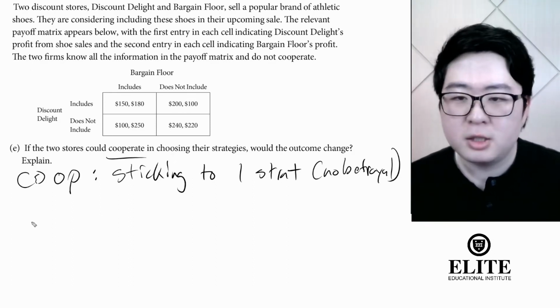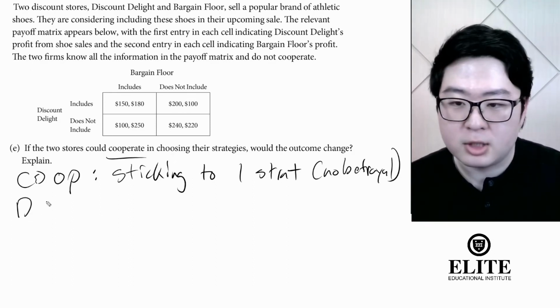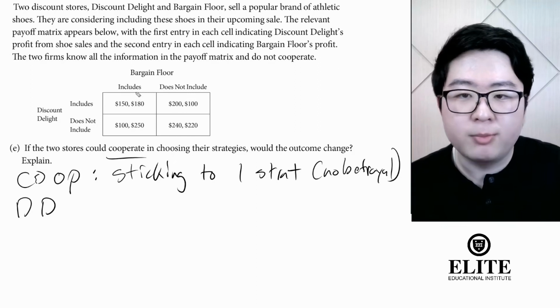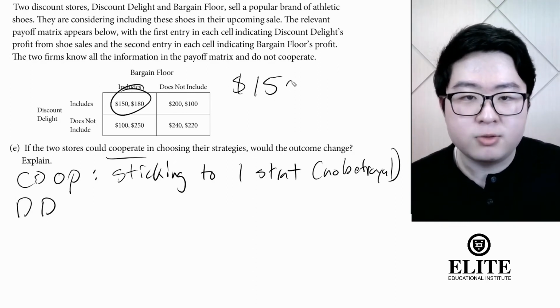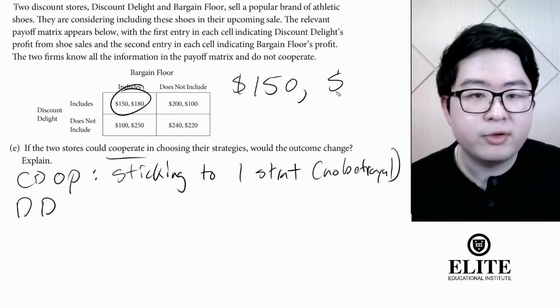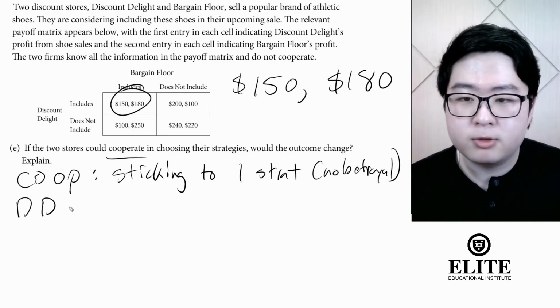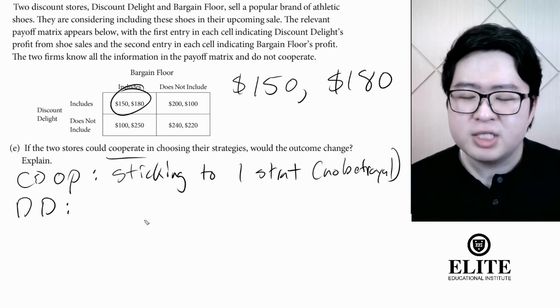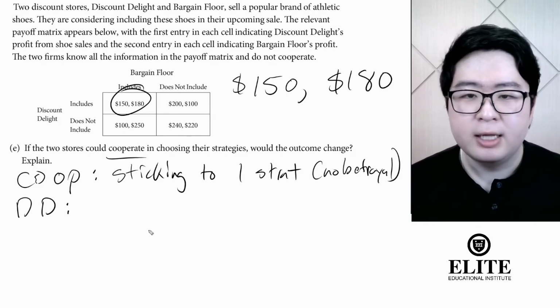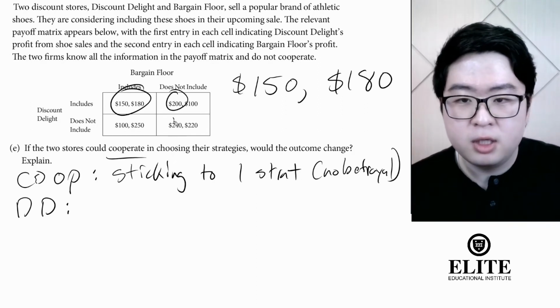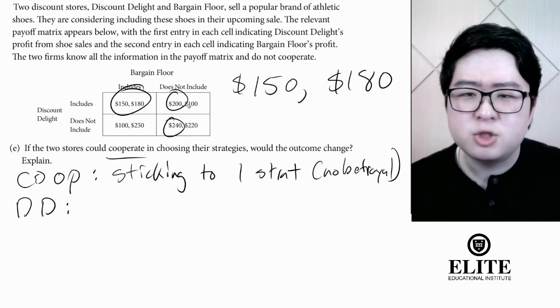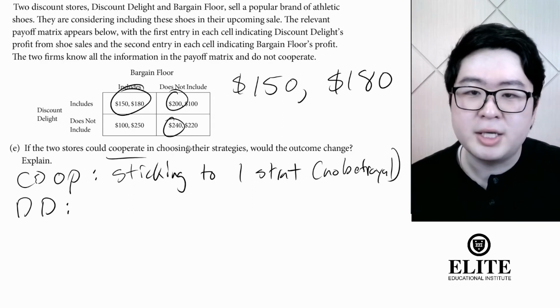So let's take a look here at Discount Delight first. Remember, our Nash equilibrium was include, include, so a profit of 150 for Discount Delight and a profit of 180 for Bargain Floor. So Discount Delight would be happier either in this cell or this cell, because it's the two situations where Discount Delight is making more money.